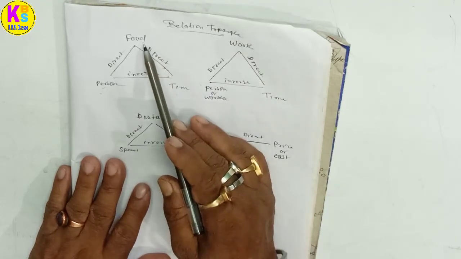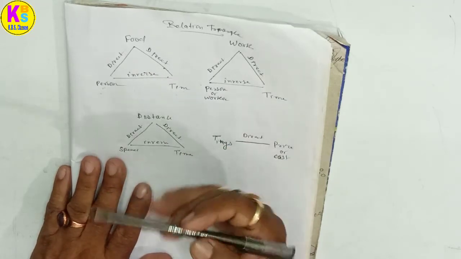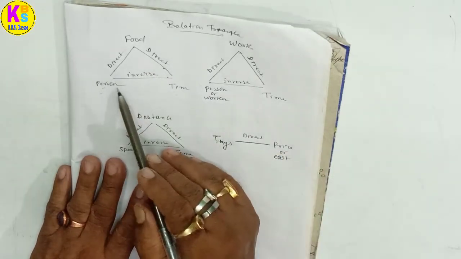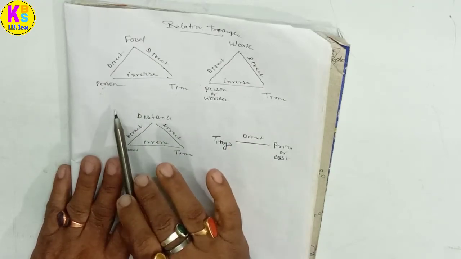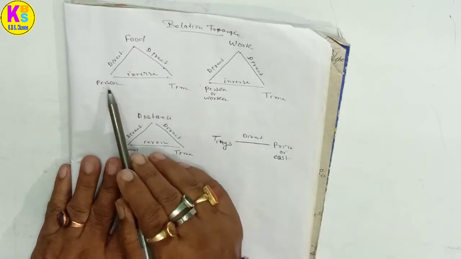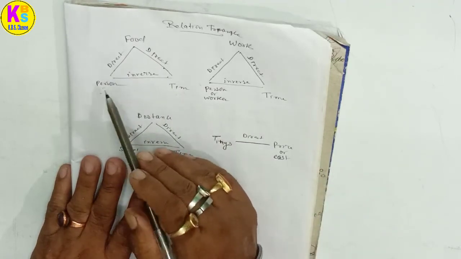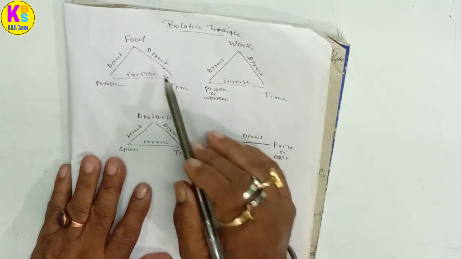If there is less food, less time will be taken to finish it. But if the persons are increasing, time will decrease. If the persons are decreasing, time will increase. So the relation between person and time is inverse. Person and amount of food is direct. Food and time is direct relation.